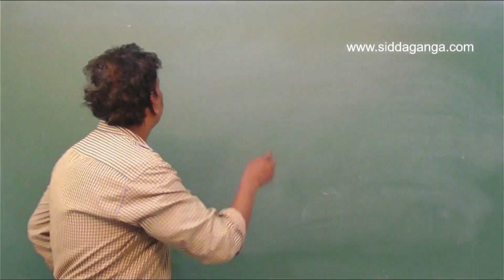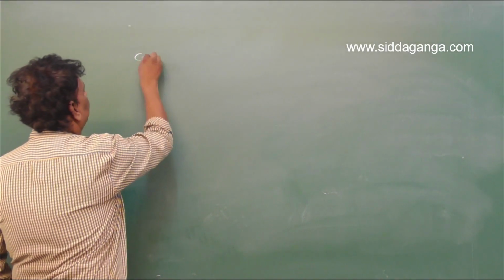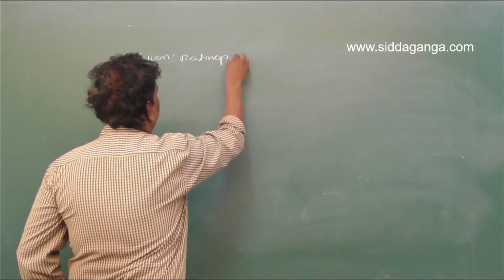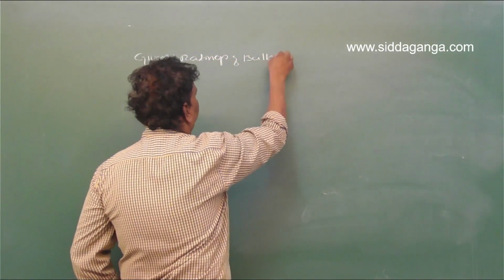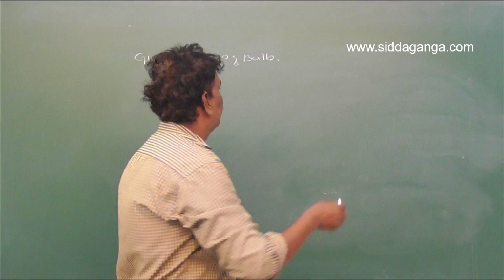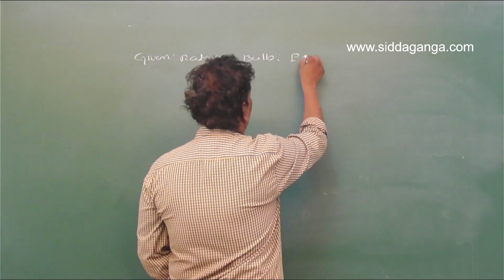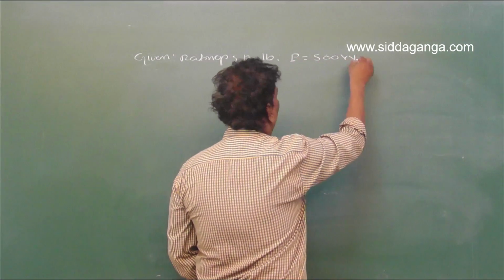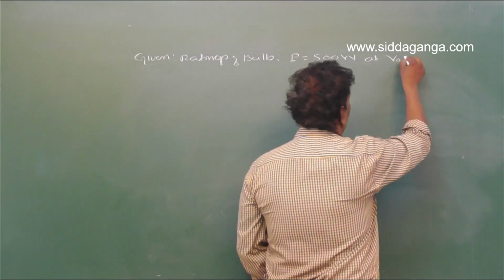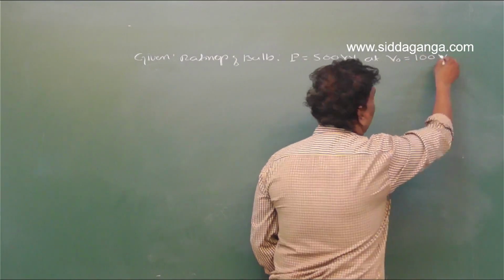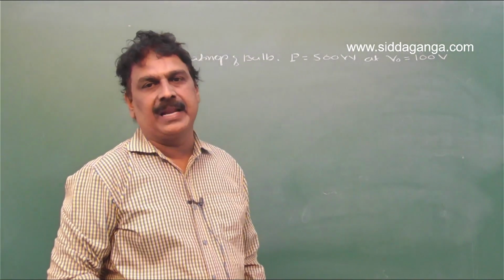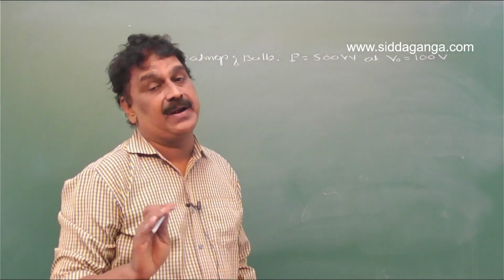Now, we have been given the ratings of the bulb, the operating voltage and output power. So the power P is equal to 500 watt at an operating voltage V0 equal to 100 volt. That means it can give 500 watt of power when the applied voltage across it is 100 volt.